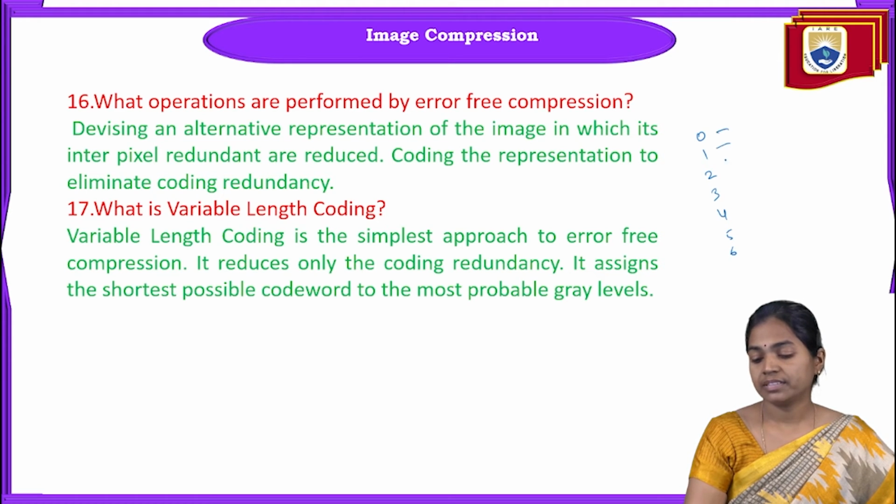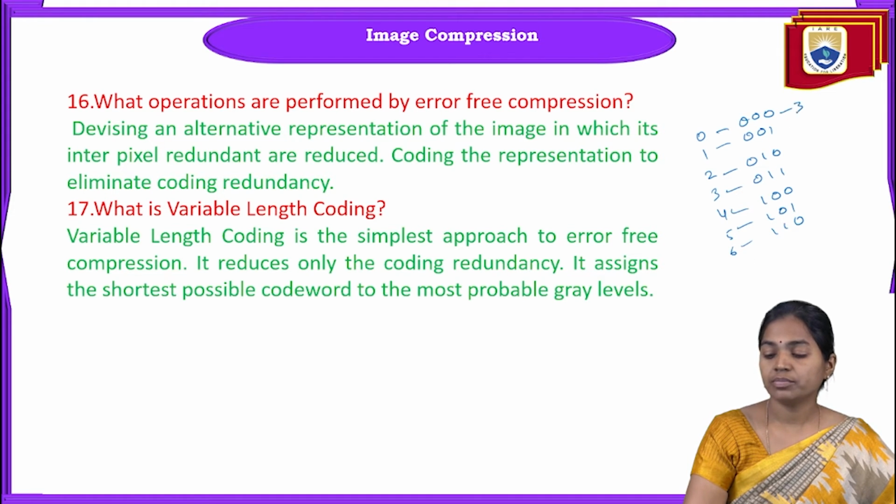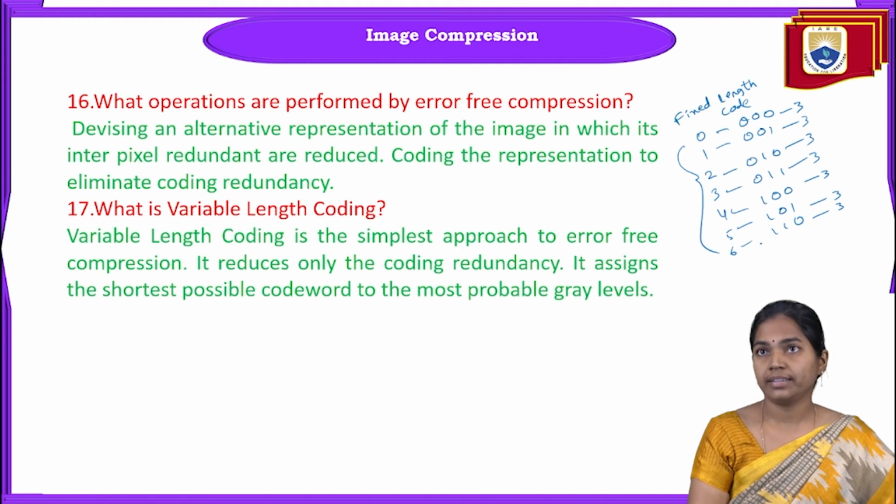Each and every symbol is represented with 3 bits only: 000, 001, 010, 011, 100, 101, 110. The length of each symbol is 3 bits only. So this is a fixed length code.